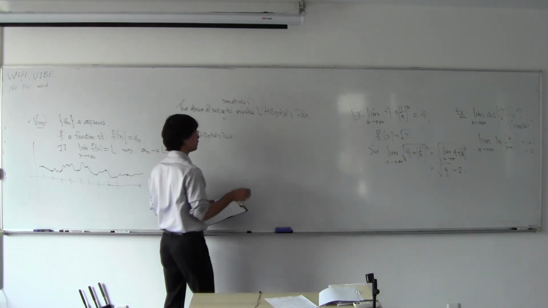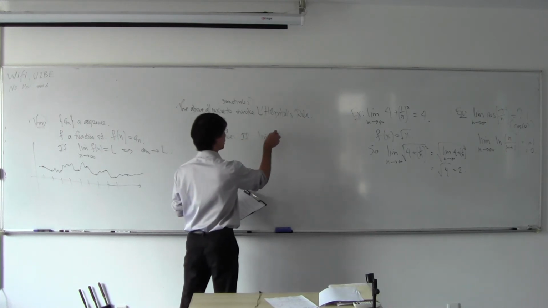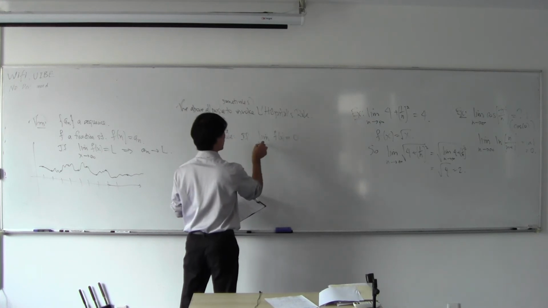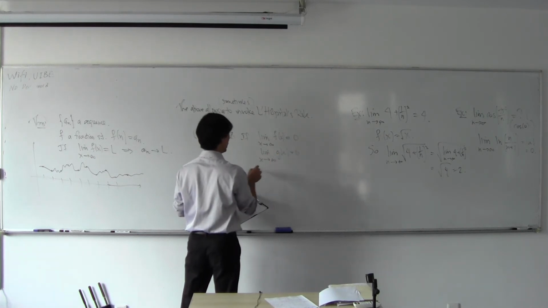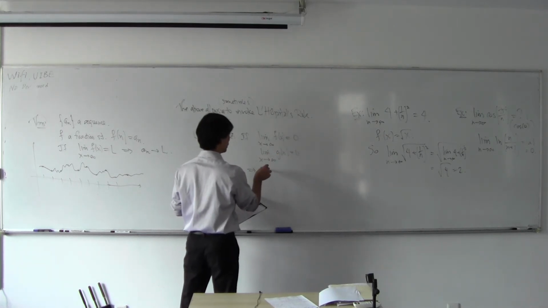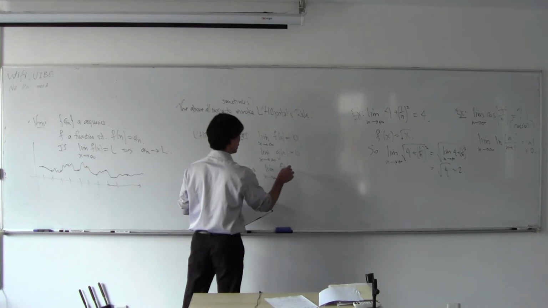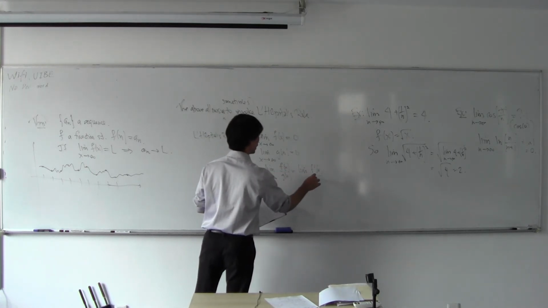It says this: if the limit of f is 0 as x approaches infinity, and the limit of g is 0 as x approaches infinity, then the limit of f over g as x approaches infinity is the limit of f prime over g prime.